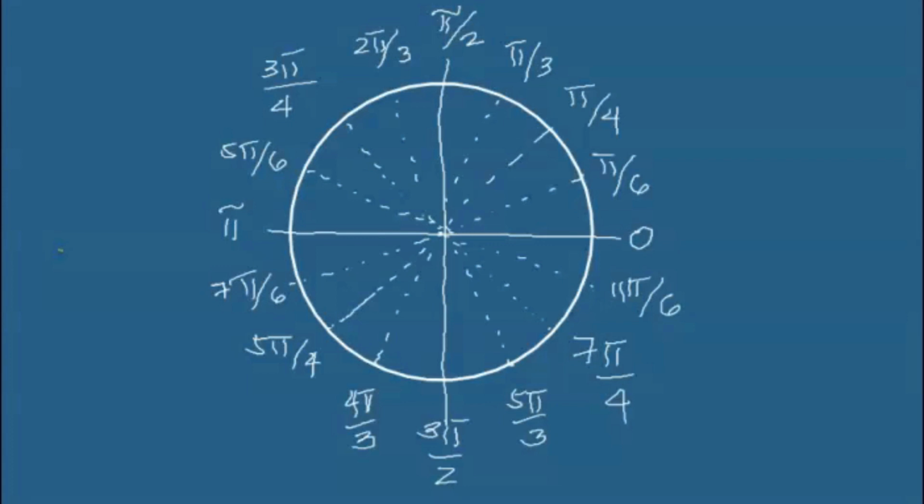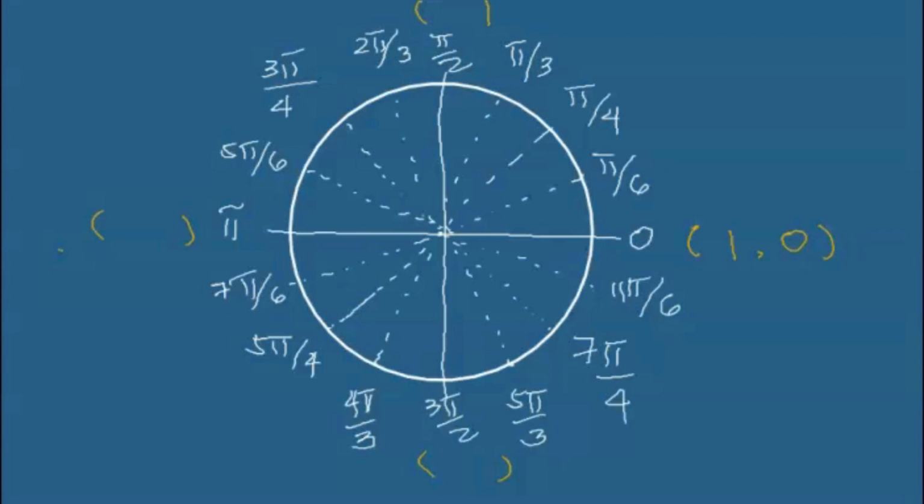Now let's find the values, or the coordinates, the values of x and y that correspond to these angles. So let's start at 0, at pi over 2, at pi, and at 3 pi over 2. At 0, the x is 1 and the y is 0.